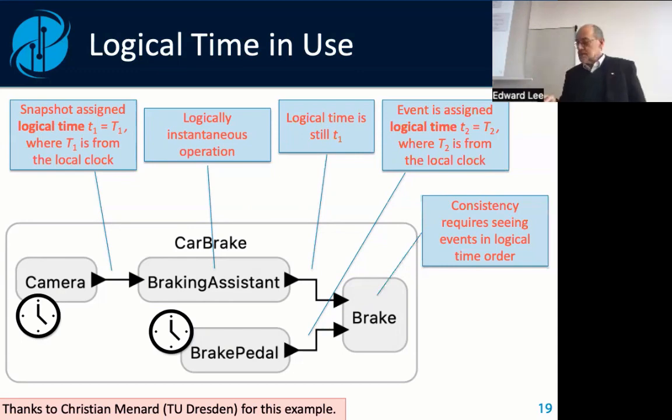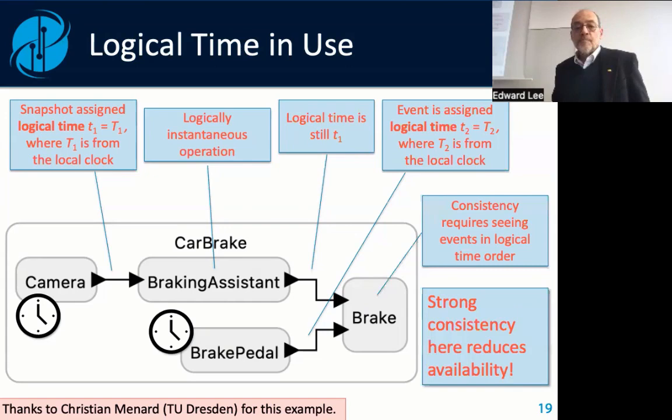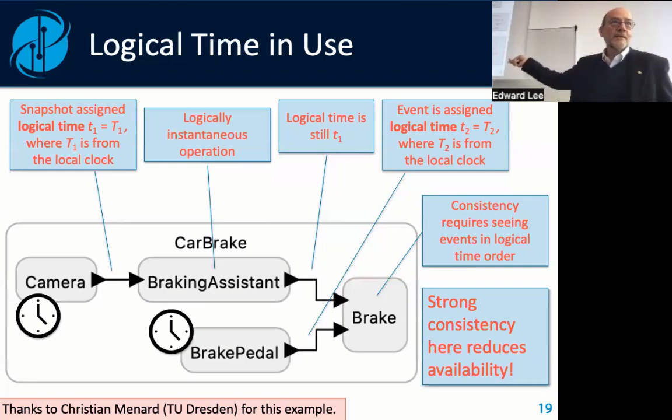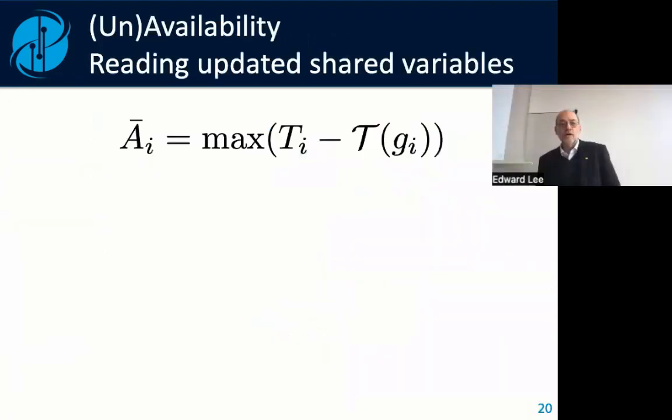So strong consistency in this case, because of that requirement to process events in timestamp order, we can see that this reduces availability, because the braking component can't react to the brake pedal if this timestamp is numerically larger than this one until it knows for sure whether it's going to get a timestamp with a lower value, right? So requiring strong consistency has a cost in availability.